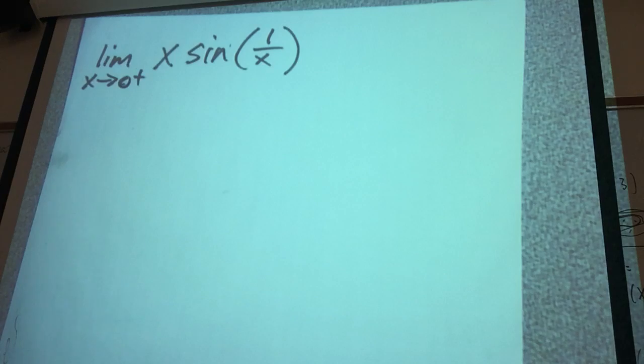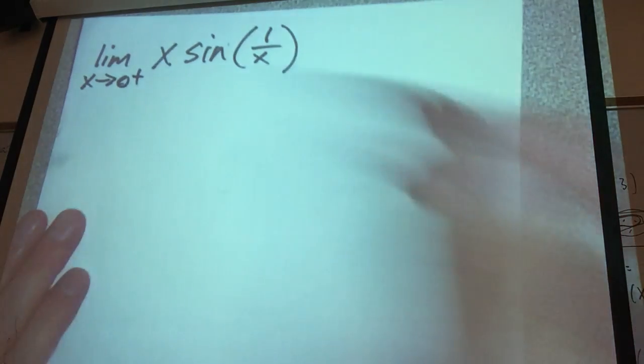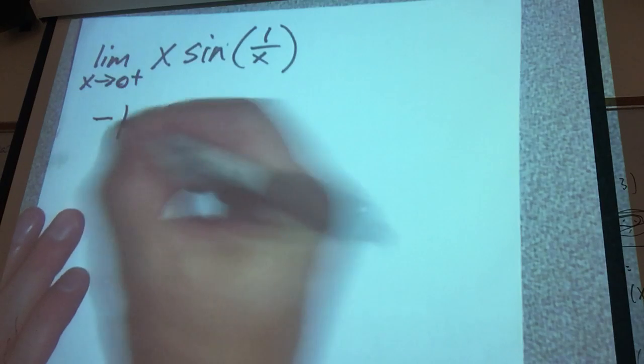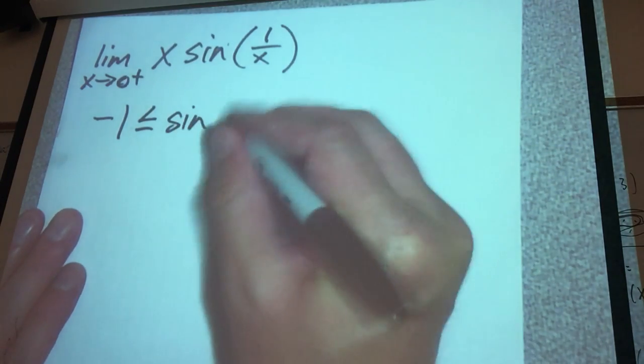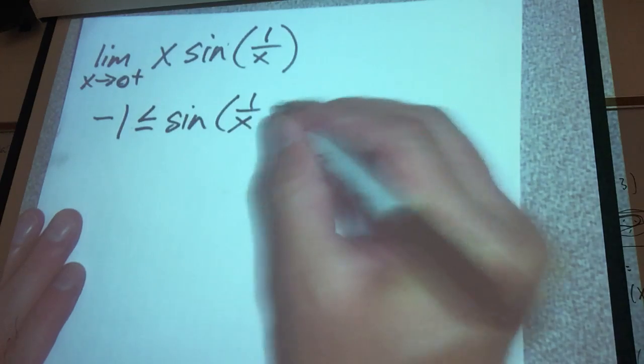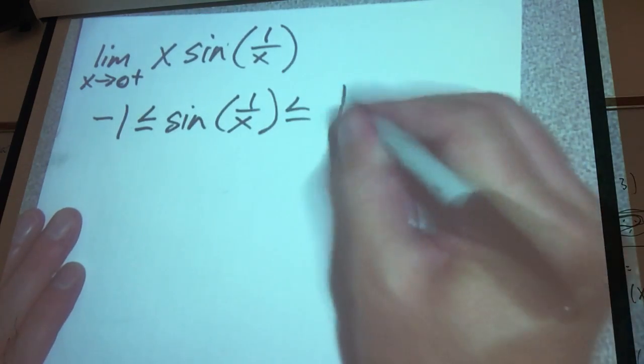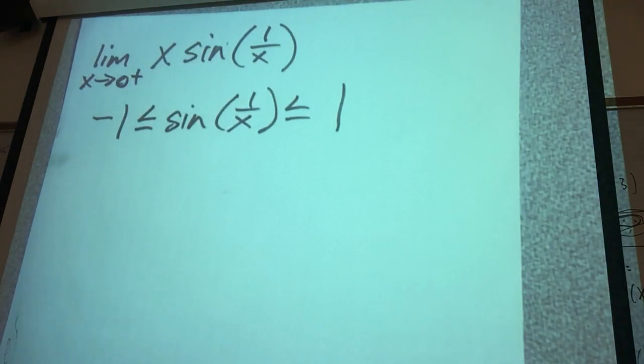So sine of 1 divided by x, despite the fact that it will oscillate, we know that this is true. Despite the fact that it's going to be oscillating, it's still going to be bounded between -1 and 1.